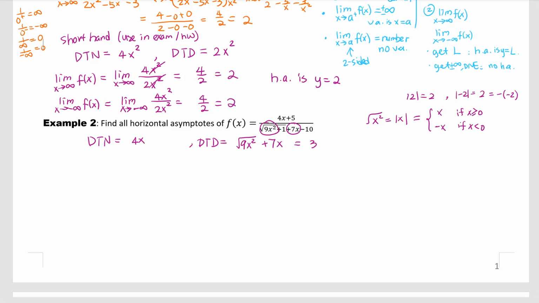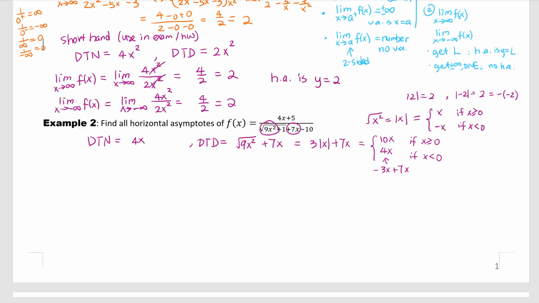So here you actually get 3 times absolute value of x plus 7x. Well, then you have to think about whether x is positive or negative. If x is positive, then you just get 3x plus 7x, which is 10x, right? But if x is negative, then you have minus 3x plus 7x, which is 4x. So far, so good, everybody.